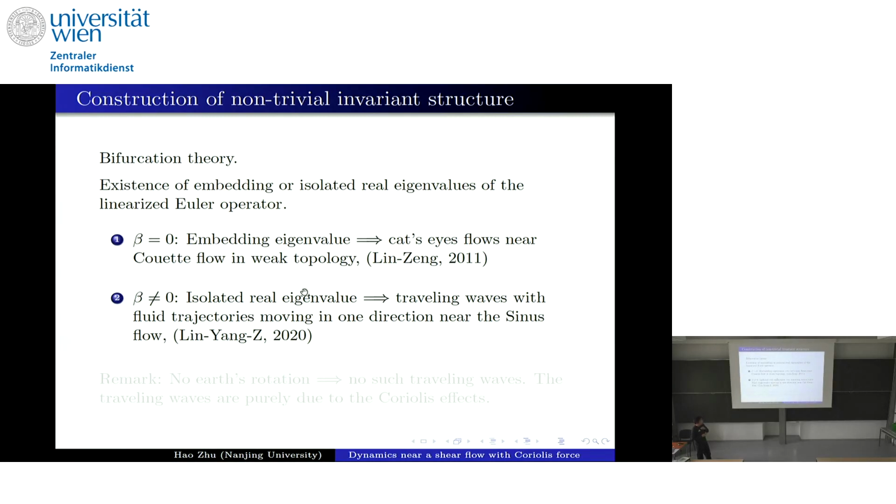The traveling waves have some properties which are different from the above ones. For the above shear flows, the horizontal velocity may change sign, and for the traveling waves, the horizontal velocity cannot change sign.